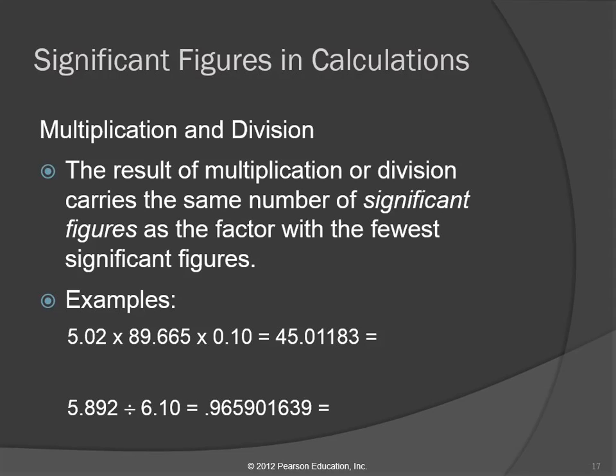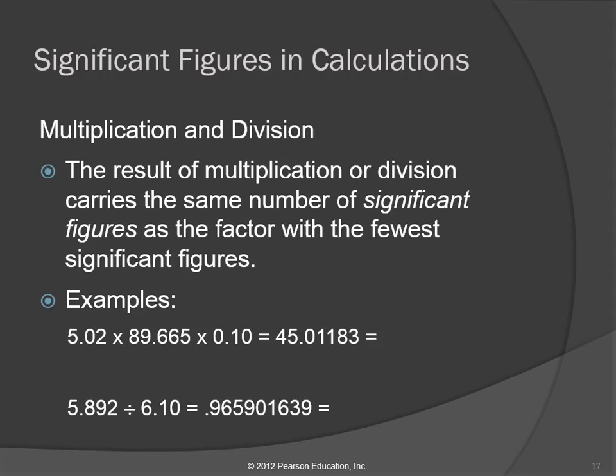So here's an example. We've got 5.02 times 89.665 times 0.10. The calculator is going to show you this result. So applying the rules of significant figures, we're going to look at each of these numbers and identify how many sig figs. So 5.02, how many significant figures? 3.